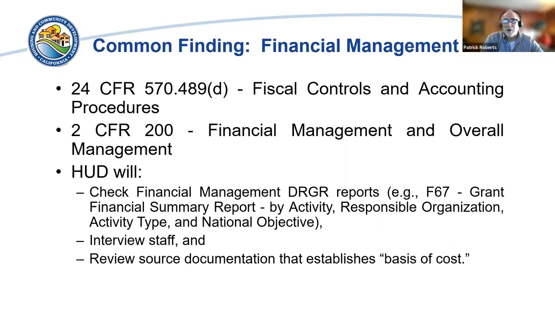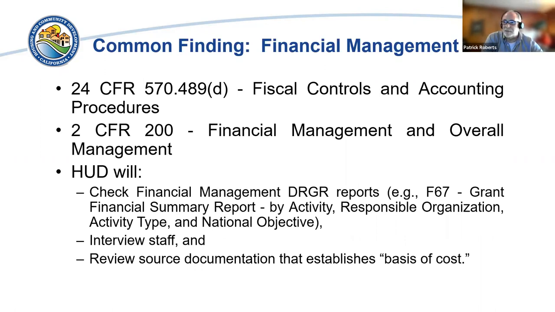The next part of 489(d) states that a state may satisfy this requirement by applying the provisions of 2 CFR Part 200. And that they must also ensure that their recipients comply with 2 CFR Part 200 as well.